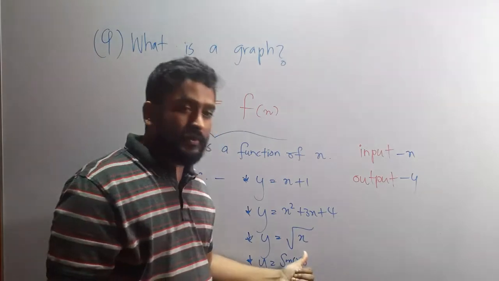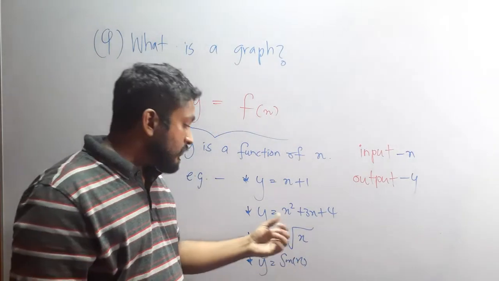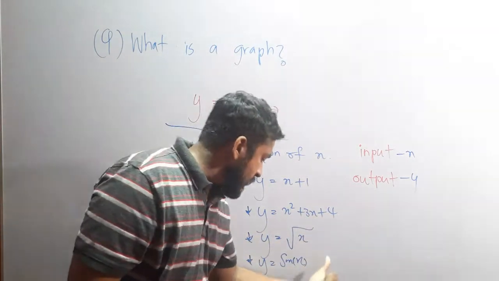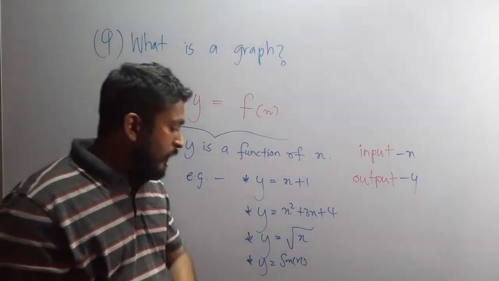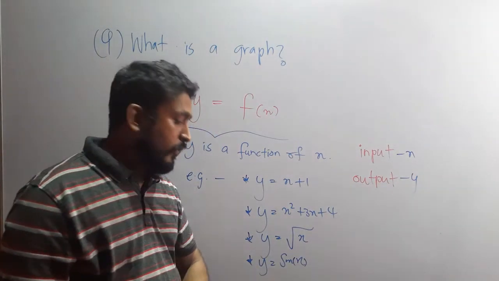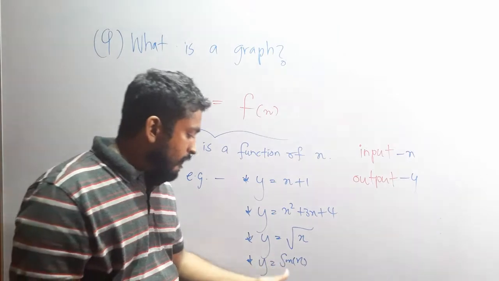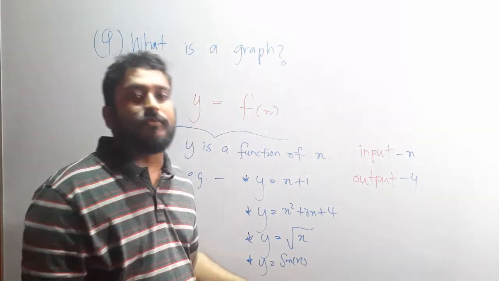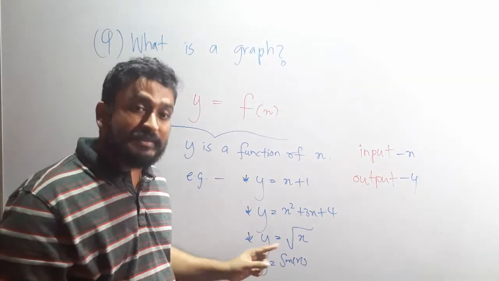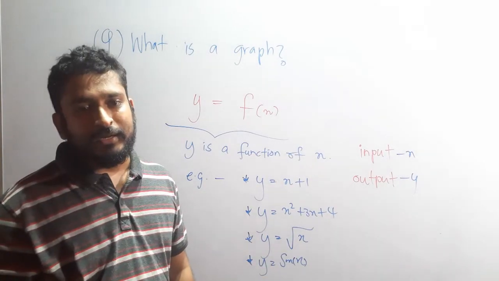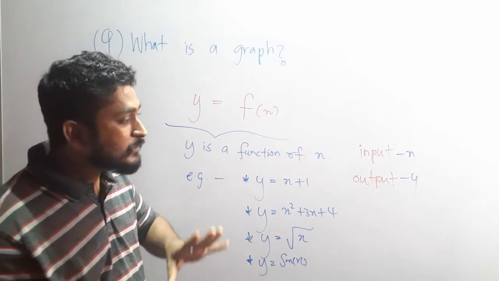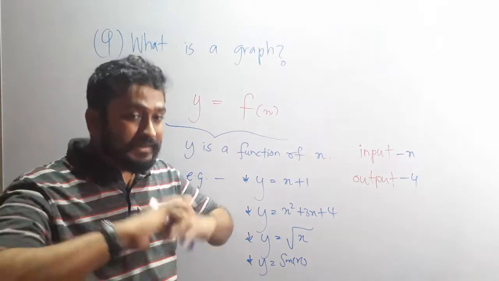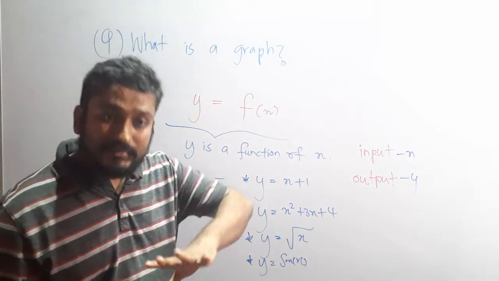Then you input a value for x, you take its square root and that gives the value of y. You input a value for x and y will have the sin value of x. Got it? So that is what decides the uniqueness of the function.